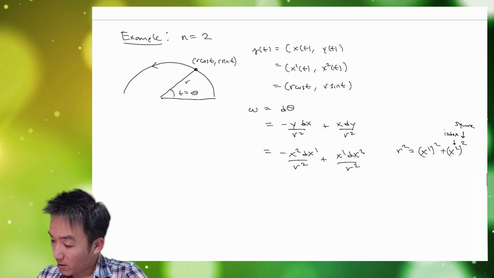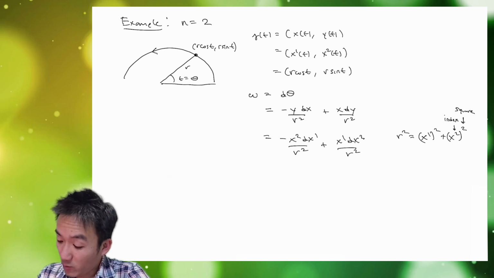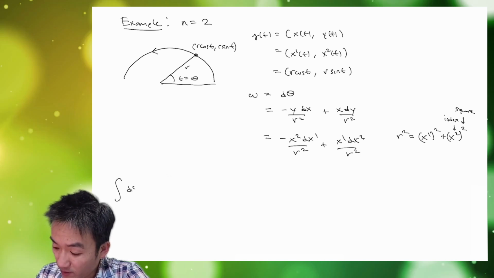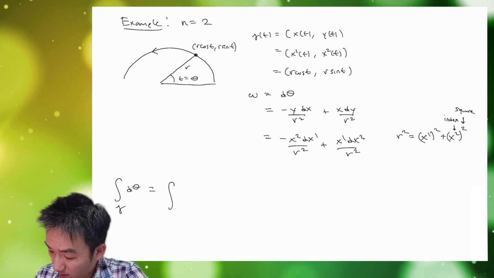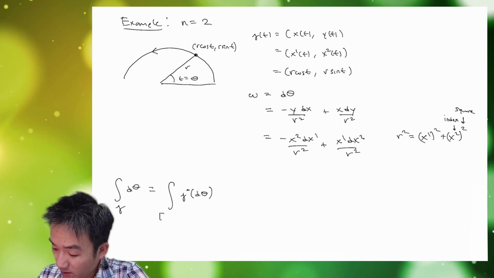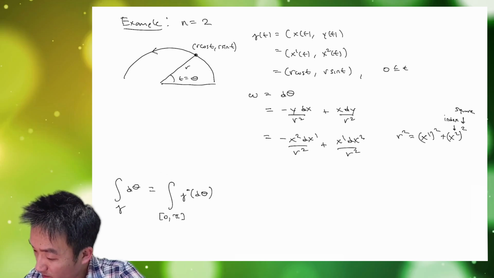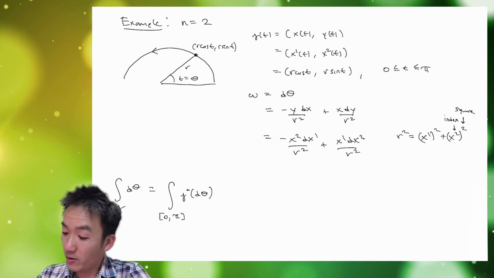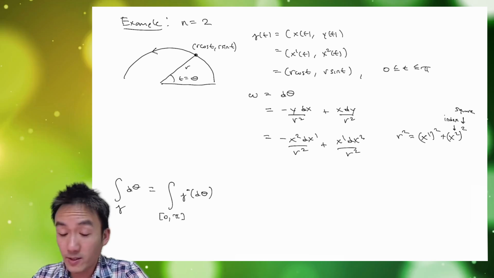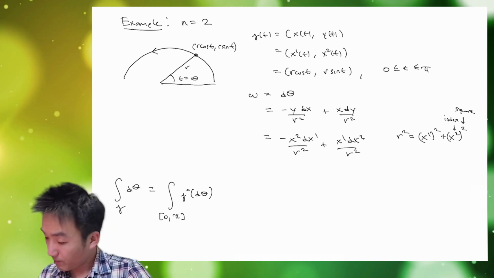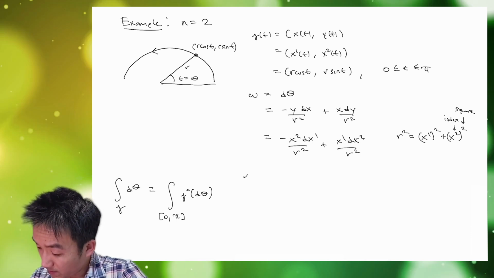So what we wrote above was that if we want to compute this integral of d theta along gamma, what we should do is compute this pullback and integrate up from 0 to pi, because this t is going from 0 to pi. That's exactly going to trace out this upper semicircle. So what is the pullback of d theta by gamma?